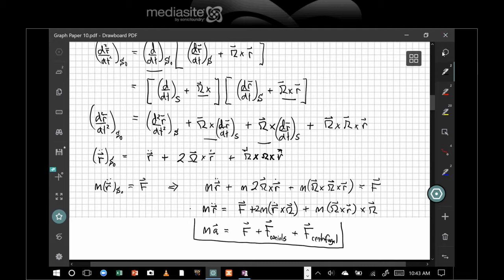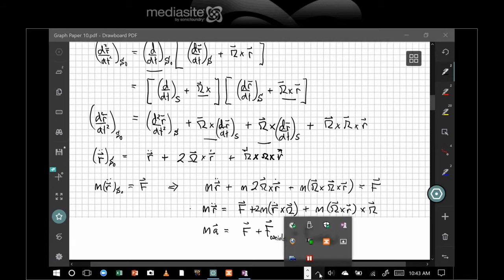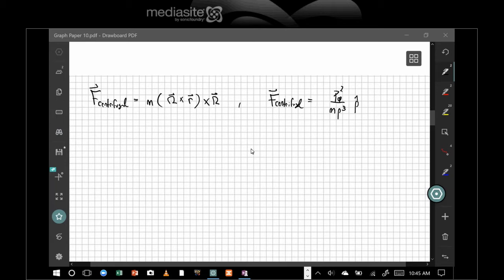These other terms here, I'm going to call these forces, and instead of keeping them on the left-hand side, I'm going to move them to the right-hand side. By doing that, what I get is mass times acceleration in the S frame is going to be equal to the net force acting on the system, and then 2 mass times, now remember the cross product is anti-commutative, so I can bring the 2 out in front and write this as R dot cross omega.